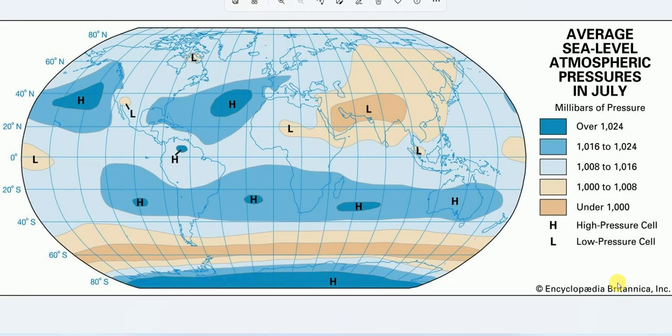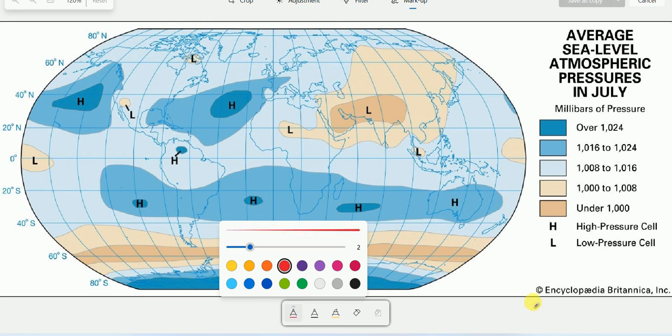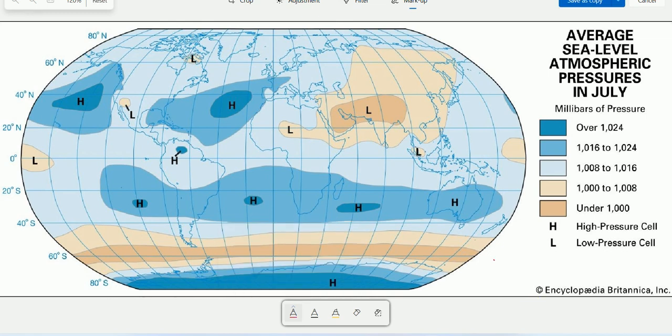Likewise we have the map for July. For July also I think you'll find the reverse. Just see here, in this case, we have summer in the northern hemisphere, and winter in the southern hemisphere. And in the summer over the continents you'll find low pressure because of the heat of the sun.